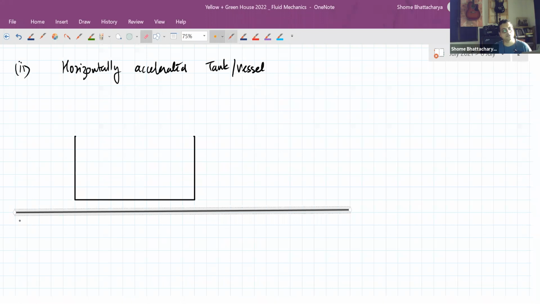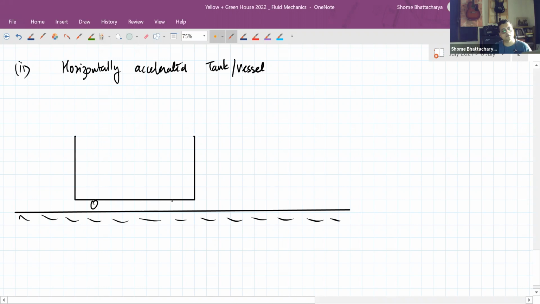So now imagine a situation where we have liquid in a tank which is accelerating along the horizontal direction like this.